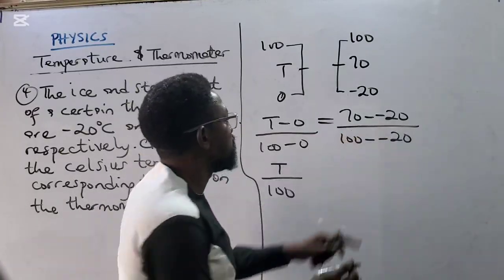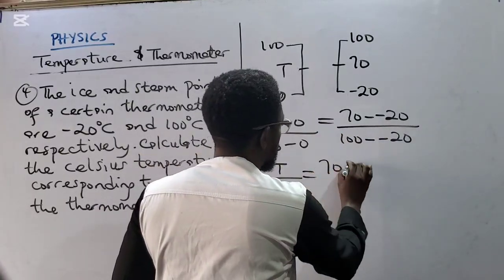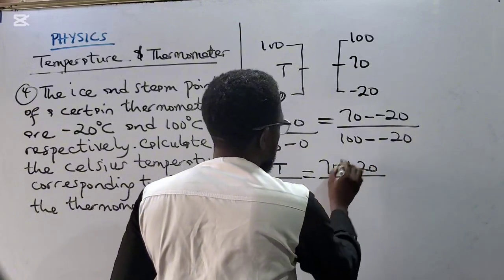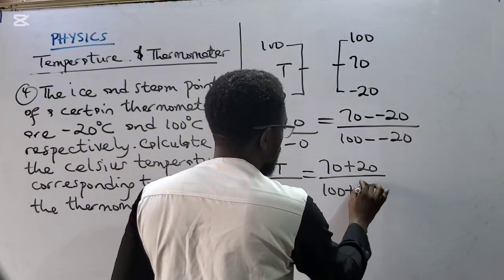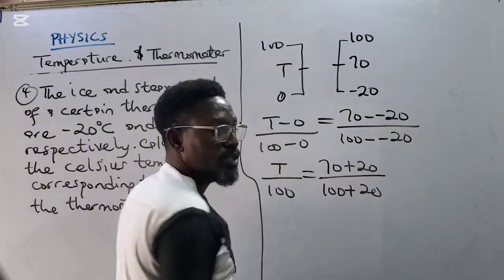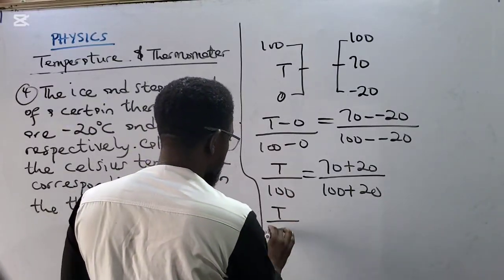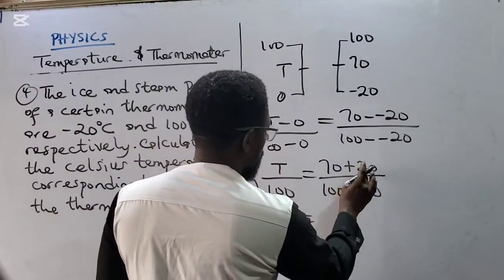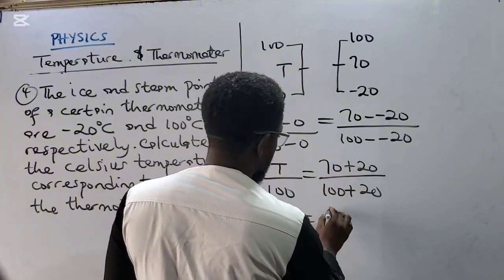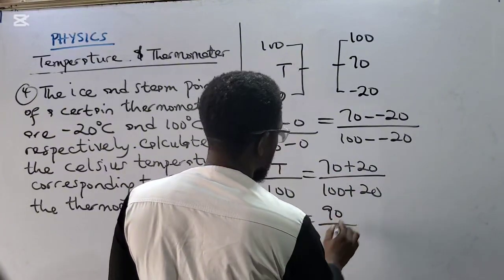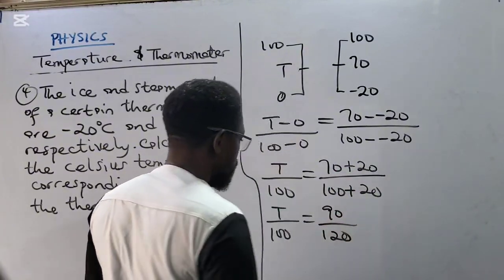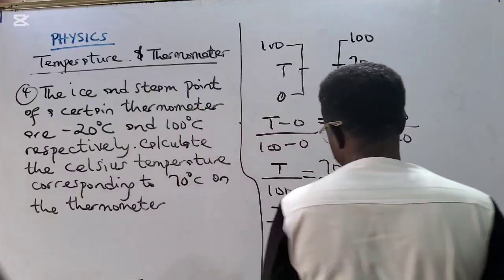The minus minus will give us plus, so the same thing in the denominator. So this one will give us T over 100 equal to, you add up this, you get 90. And this one will give us 120. So now cross multiply.